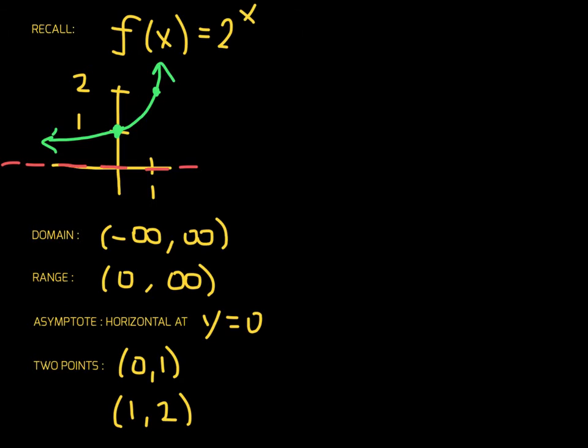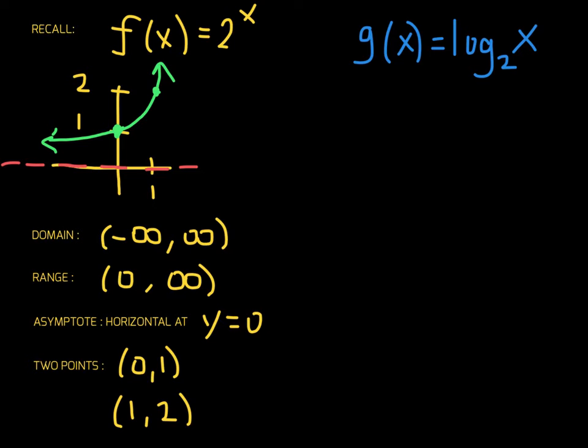Now, we know that the inverse of this one-to-one function, the exponential function, will be the log function, right? So let's say g of x is equal to log base 2 of x.